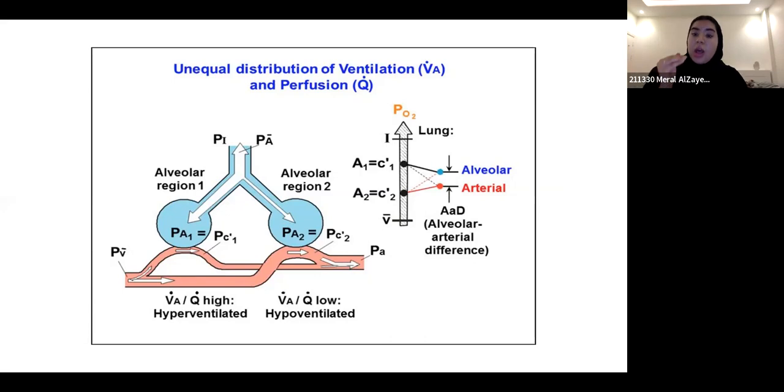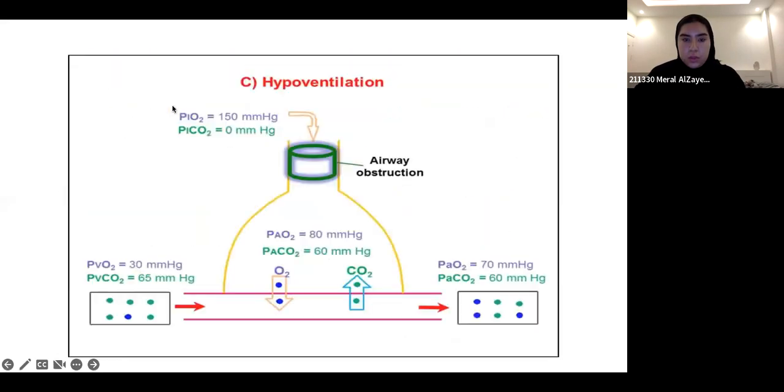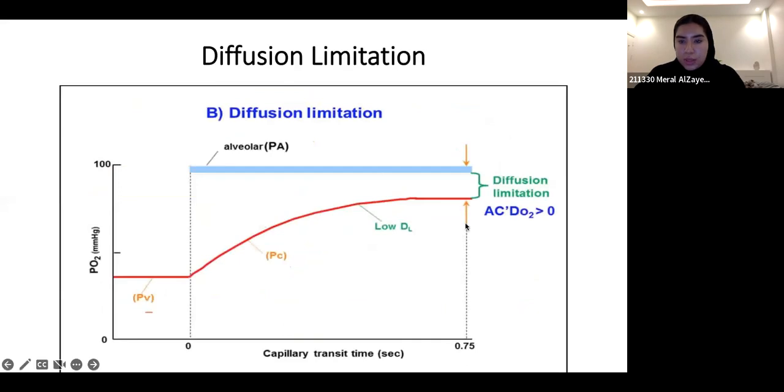What did we say? For us to not have hypoxemia, let me go back to the slide. Do you guys remember the slide? Here, diffusion limitation, it's similar to what we just described.